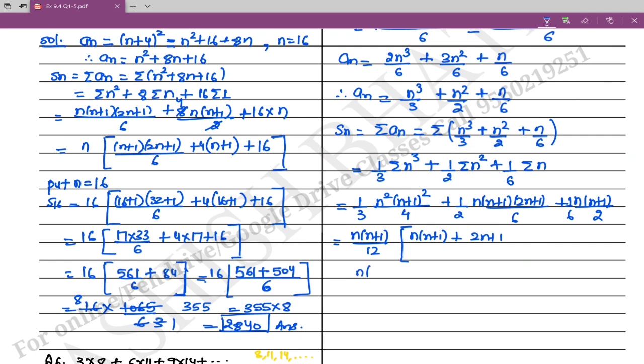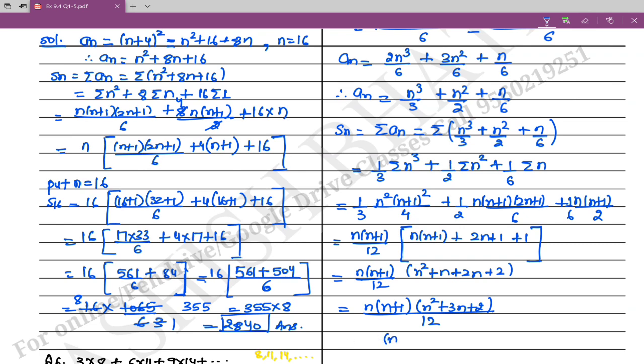So here it is n into n plus 1 by 12 into n square plus n plus 2n plus 2. So finally Sn would be n into n plus 1 into n square plus 3n plus 2 whole divided by 12. Now we can factorize this quadratic term as well.